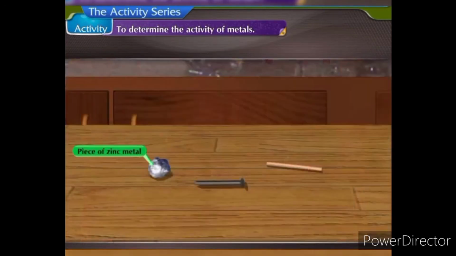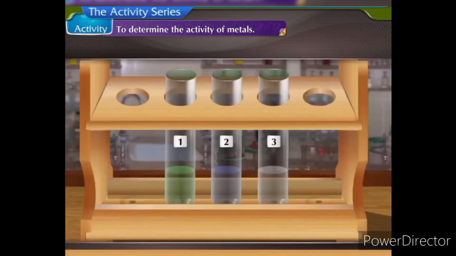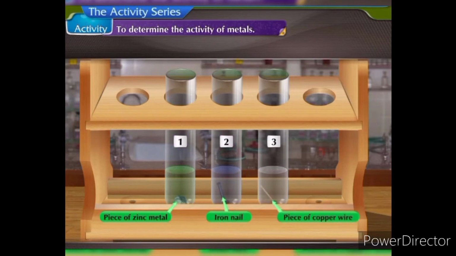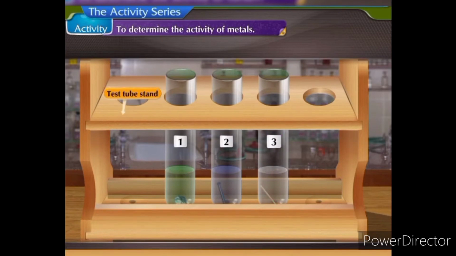Keep a piece of zinc metal, iron nail or screw, and a piece of copper wire. Now, add the piece of zinc metal to test tube 1, the iron nail or screw in test tube 2, and the piece of copper wire to test tube 3. Place the 3 test tubes in order in a test tube stand and observe the solutions and metal in each test tube.